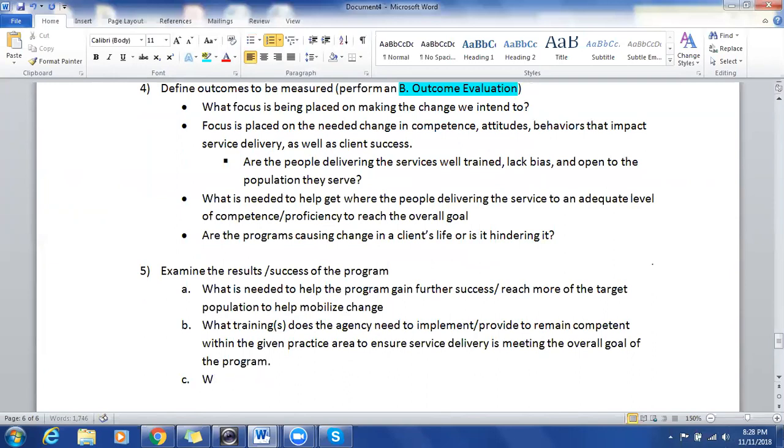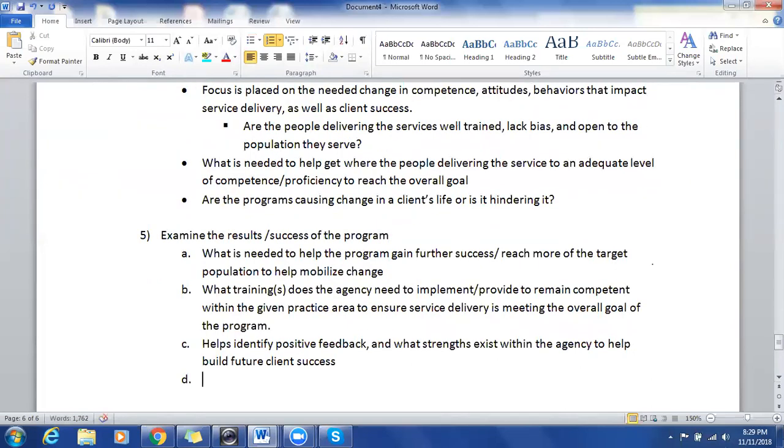So well, it helps identify positive feedback and what strengths exist within the agency to help build future client success, because that's ultimately what we're trying to do.